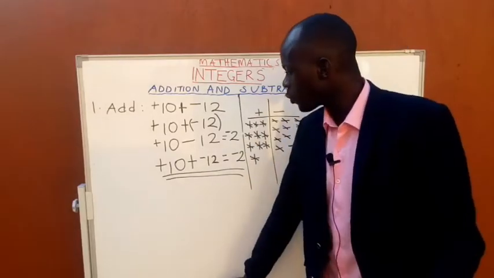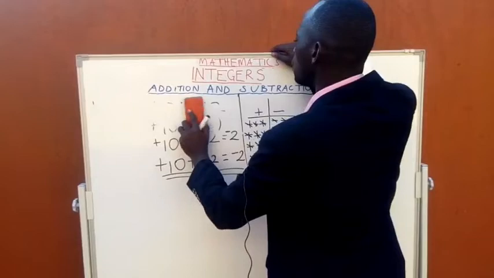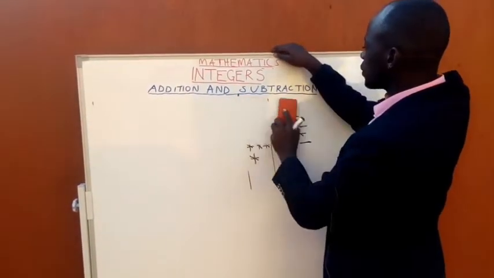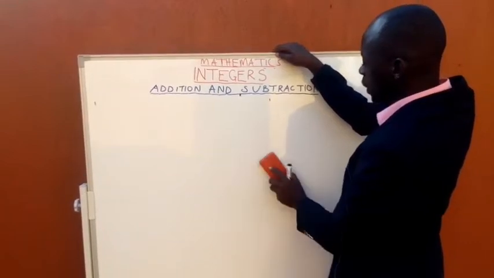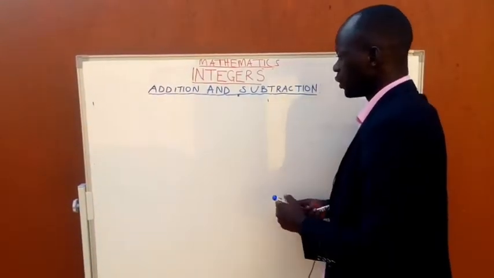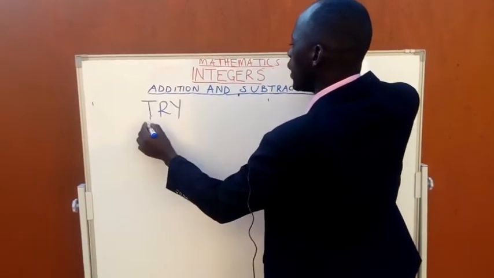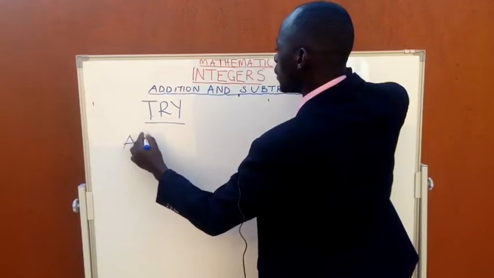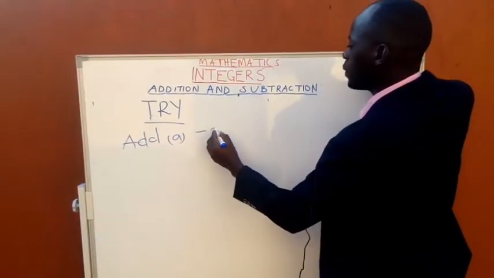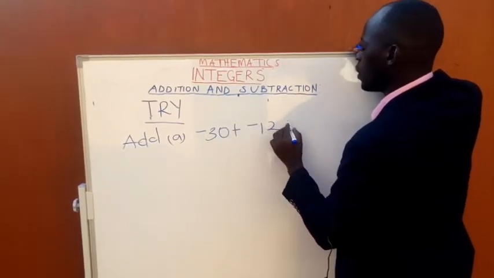Now, you will try these few numbers as we prepare to go for subtraction of integers. This one we majorly handled addition. You can try to add part A, negative 30 plus negative 12.